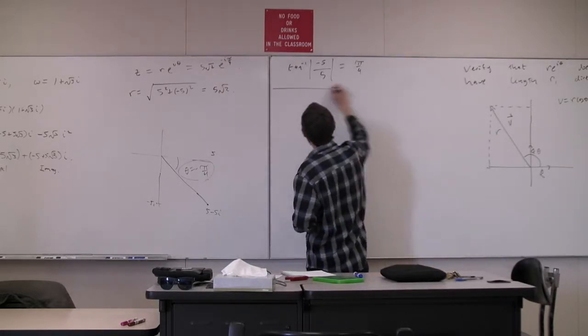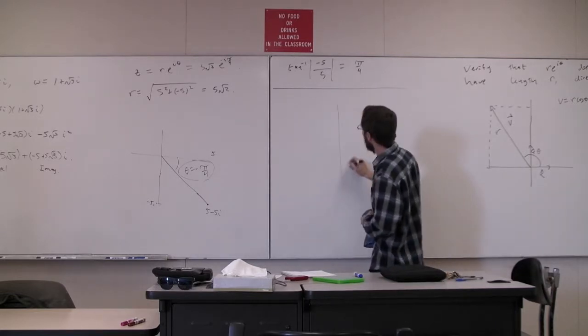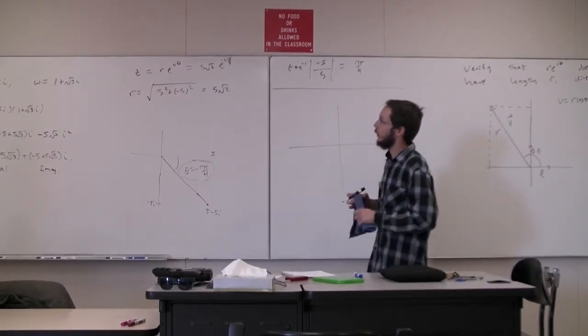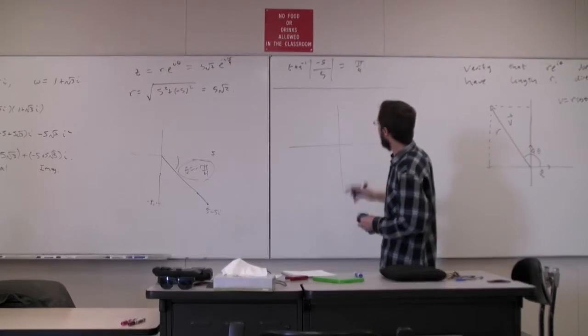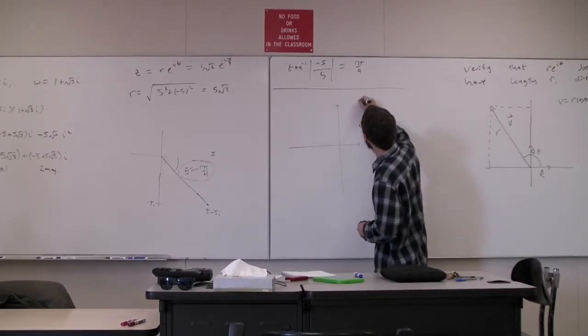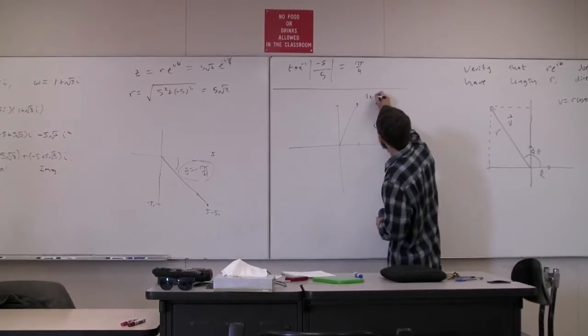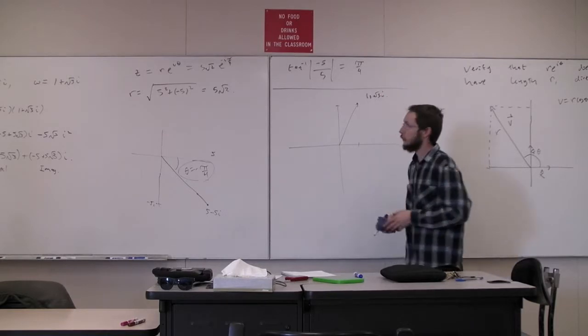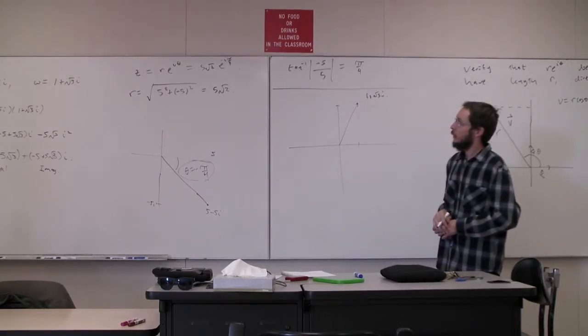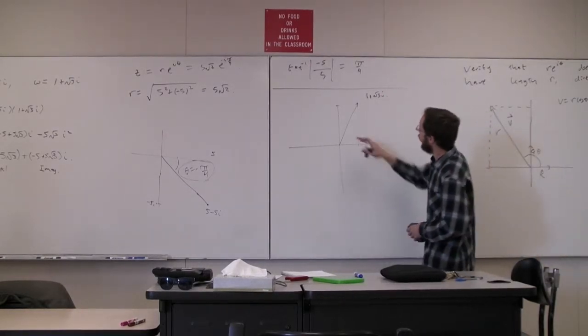and then the polar form for the second number. 1 plus square root 3i is going to be here. You'd run through that same routine.